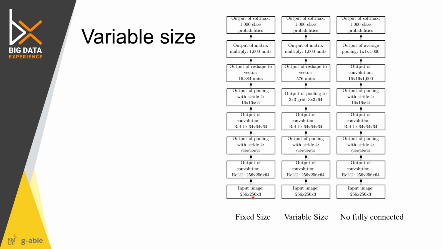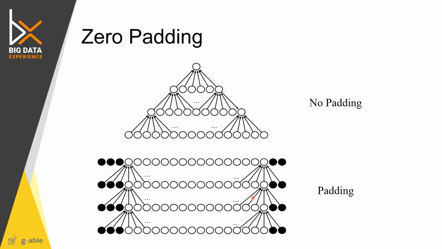In order to help in processing, there is a technique called zero padding. That means, with no padding, the convolution would produce a result that is smaller and smaller toward the center, which is not what we want, because we will lose the information at the rim of the image.